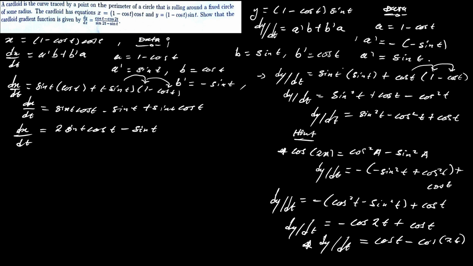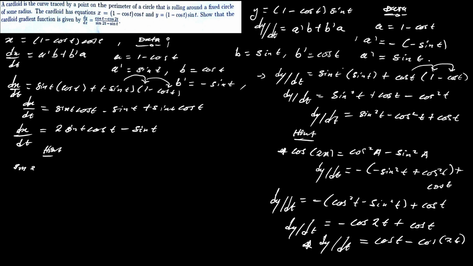Now we need to also take into consideration another trig identity, what we normally call the double angle identities. So we can say, hint: let us remember something.